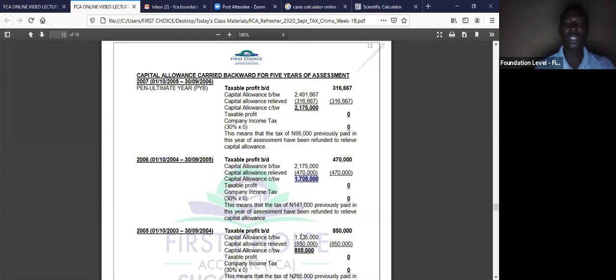So we have brought it back again here, and this is the assessable profit, taxable profit that was charged tax before, so they have refunded our tax. So between this and this, which is smaller, you put the smaller value in both sides.